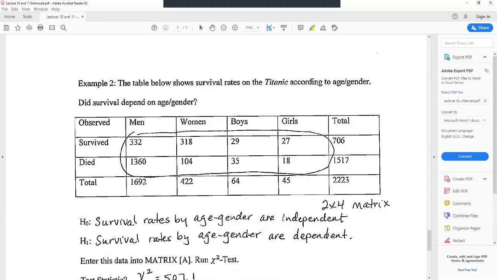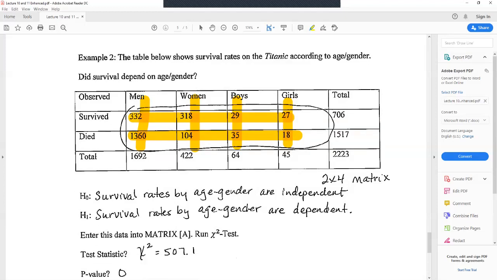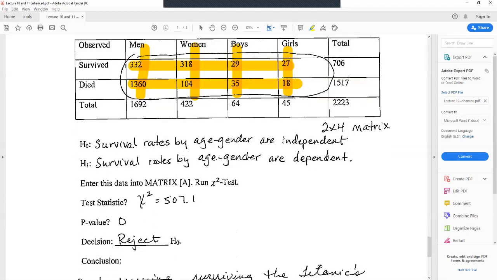Some survived and some died. We have men, women, boys, and girls. So we have 2 rows, and we have 1, 2, 3, 4 columns. This one is a 2x4 matrix. And we just go through the same process.